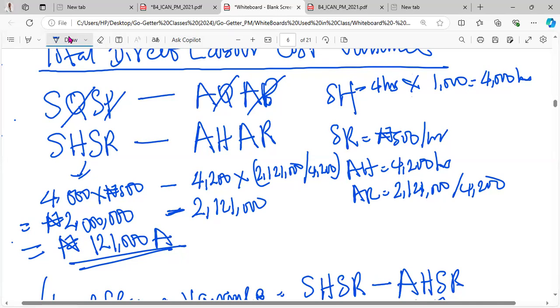That's it. And if you are paying 500 naira per hour, it means 4,000 hours is the standard you budgeted, 500, so it's 2 million. This is the standard budget, how much we are supposed to budget in a standard environment. So this is it here.